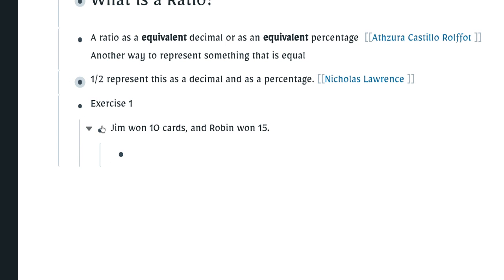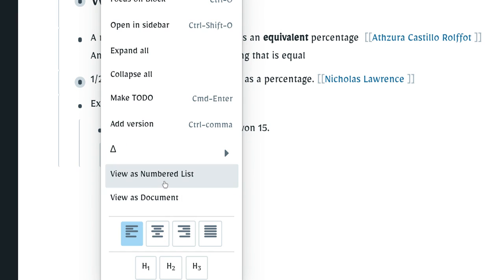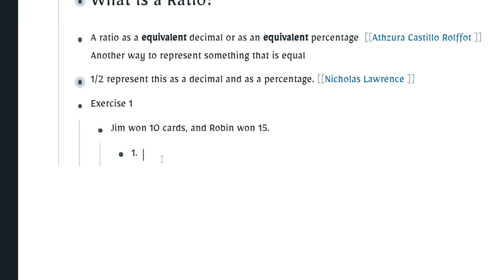We're going to do this together. How many cards did they win all together? Right. The words all together give you a clue as to what you're going to do. Someone? Who wants to work this question out?